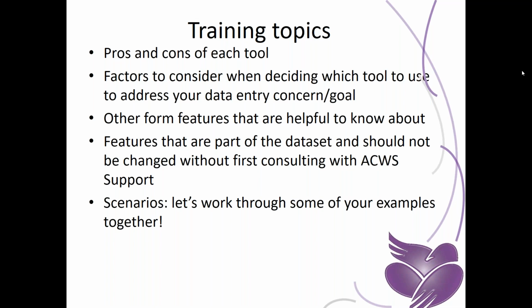And then there are just some features that can't be changed in the database that make possible the process of rolling everybody's data up together. If those features are changed, they can be disruptive to how our network performs. So we're going to touch on that.